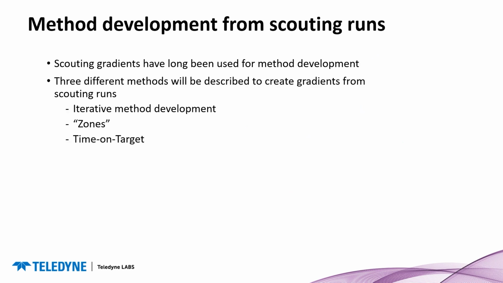Scouting gradients have long been used for method development, and we will discuss 3 different methods to create gradients from a scouting run. One of them is the iterative method development, which people new to chromatography will often try. We will discuss zones, and we will discuss the time on target and related algorithms.